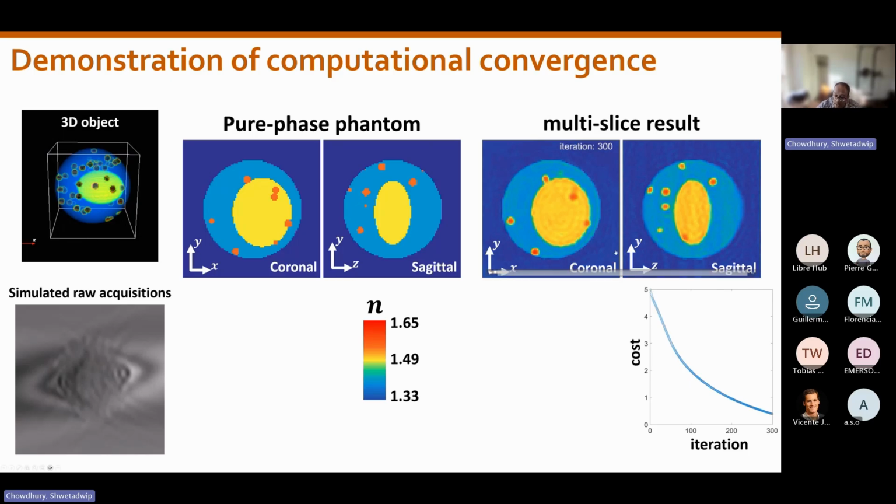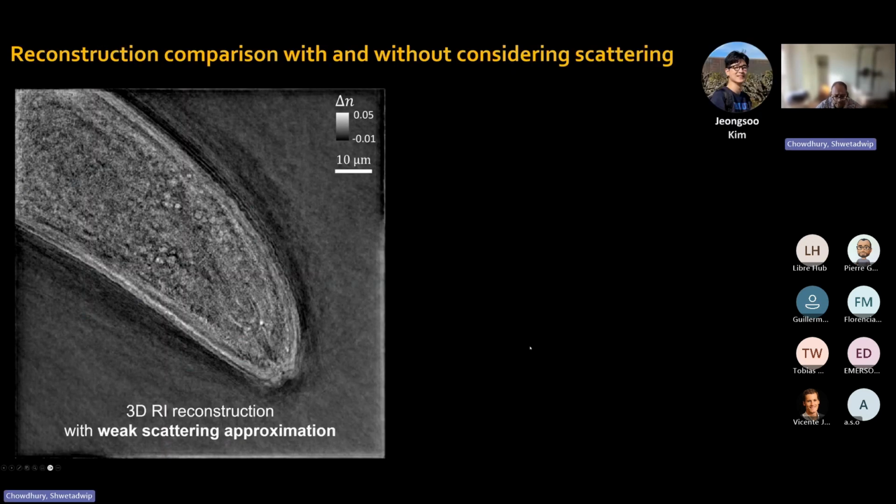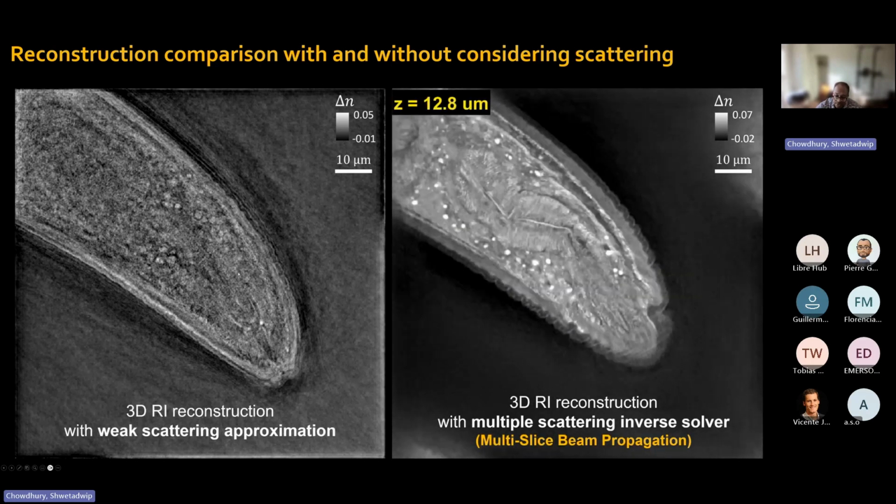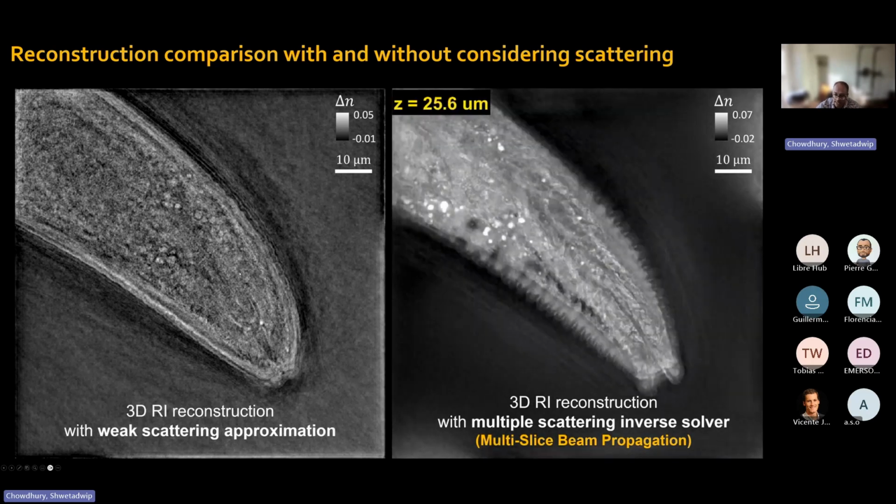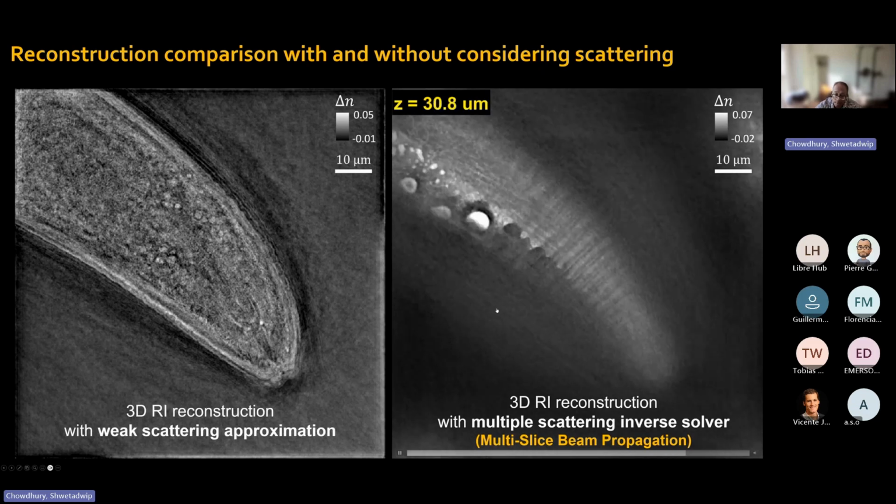So we try to implement this in practice for biological measurements, and our hope is that we get similar performance. Here's a teaser. This is the C. elegans image that I showed a few slides ago, where we try to reconstruct the refractive index of the C. elegans using weak scattering approaches. As you can see, we don't get very good results. We use the exact same data and now use this multi-slice approach that I just discussed, and we get an incredibly different reconstruction.